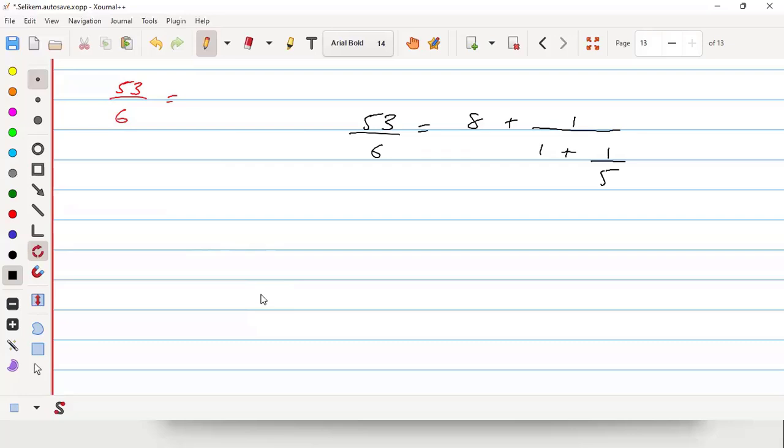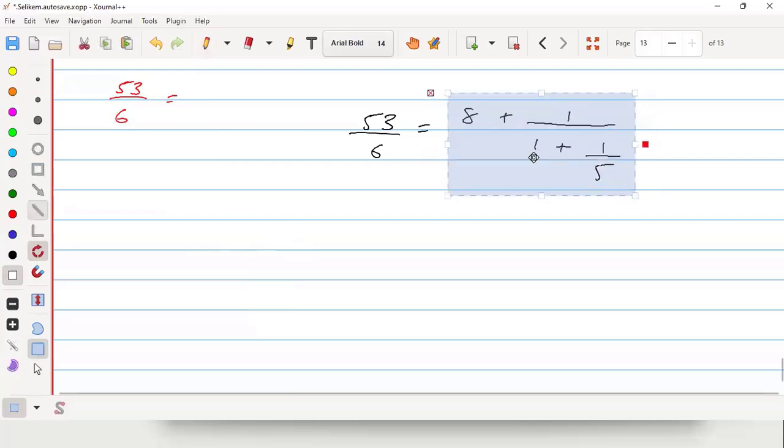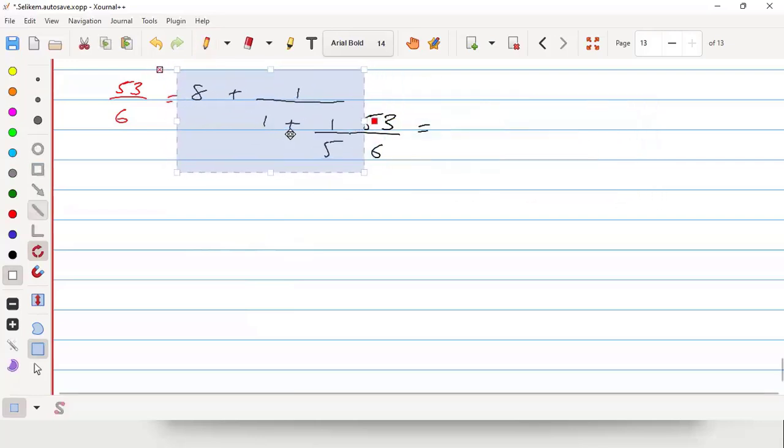We good? Yes, sir. I'm done. Okay, so let's do 58 over 15. Let me shift this one here first. Then we do 58 over 15 as a continued fraction.